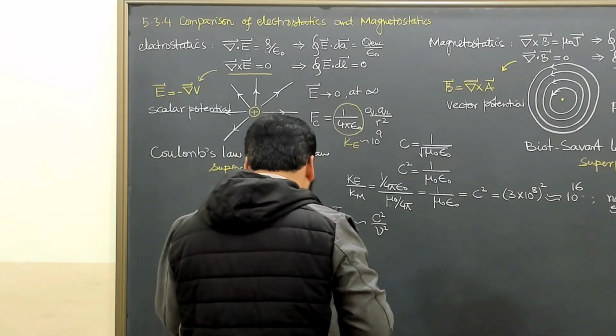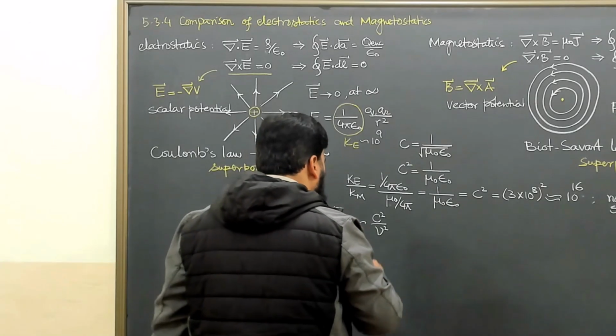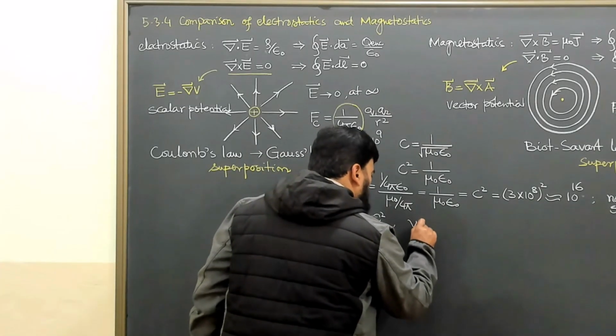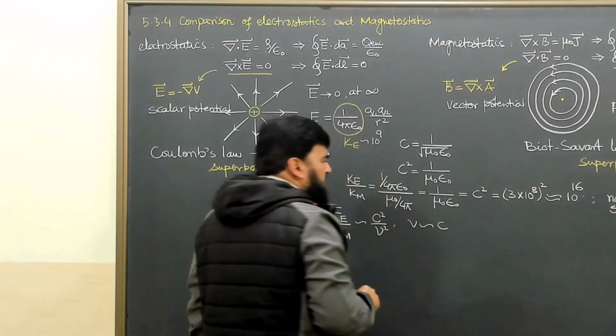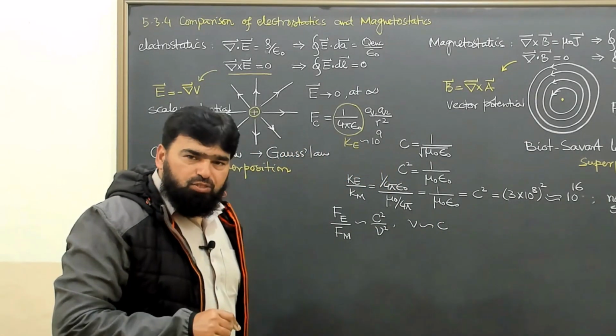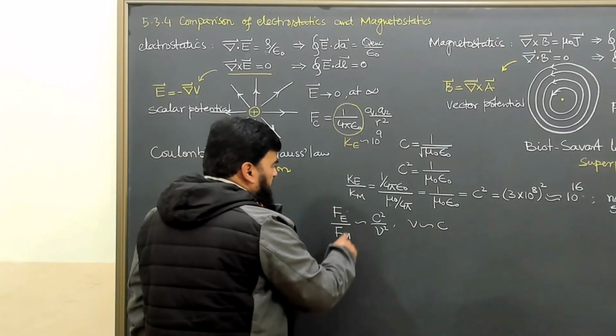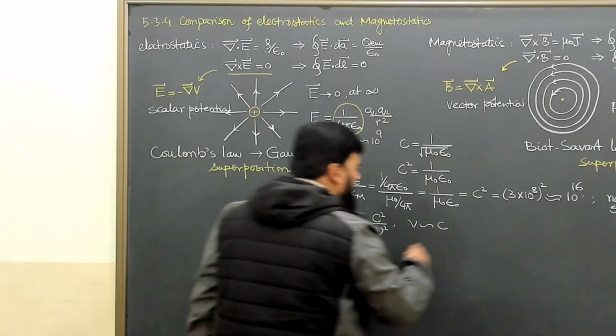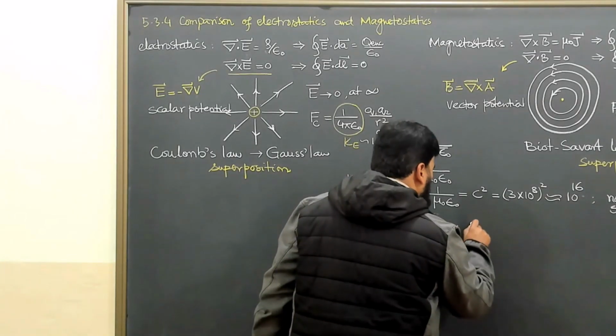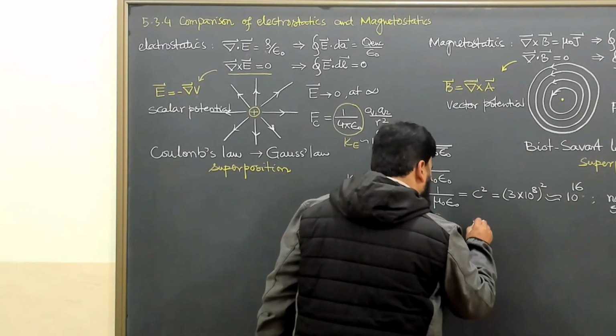And if I say that V is approximately C, which is the relativistic speed, then Fe over Fm or Ke over Km will become comparable.